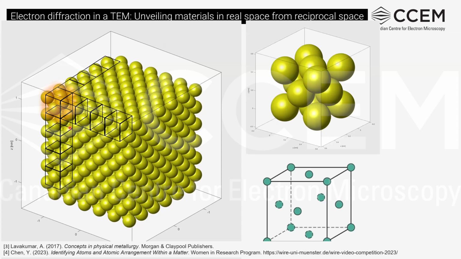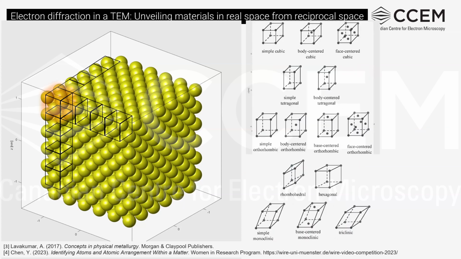The smallest repetitive unit is called the unit cell, and the structure of the unit cell is called the Bravais lattice. For aluminum, the lattice has an FCC, face-centered cubic structure. And certainly, different crystalline materials may have different lattices. There are 14 possible Bravais lattices shown here.